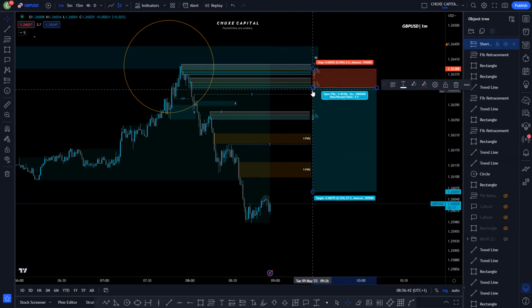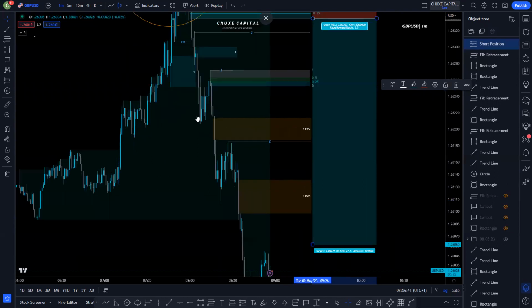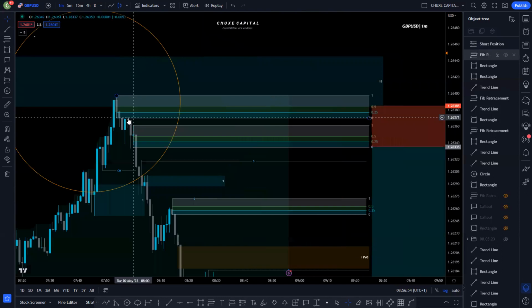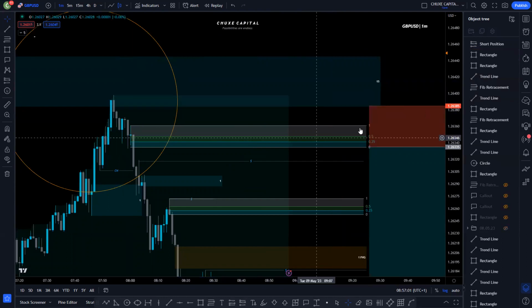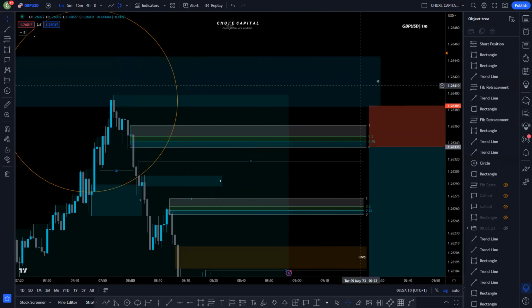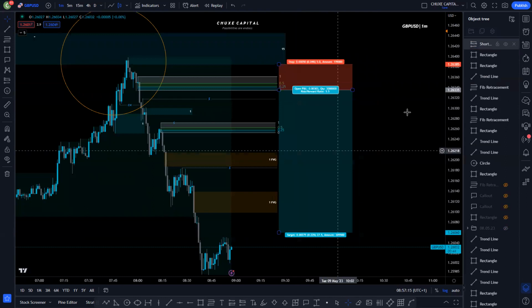But then the risk there is, although I doubt that it will happen, because this OB got mitigated here. Because it's mitigated, this is the most likely one to enter from. It got mitigated by this, it's down, so this is the most likely one. So I can place a pending order here.